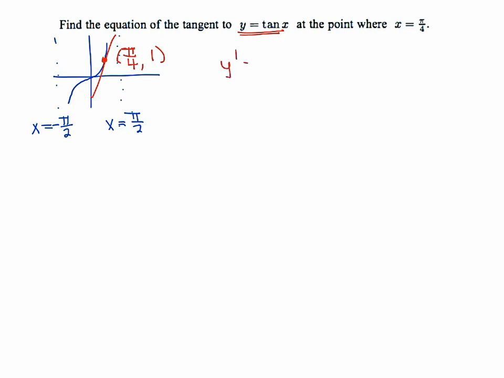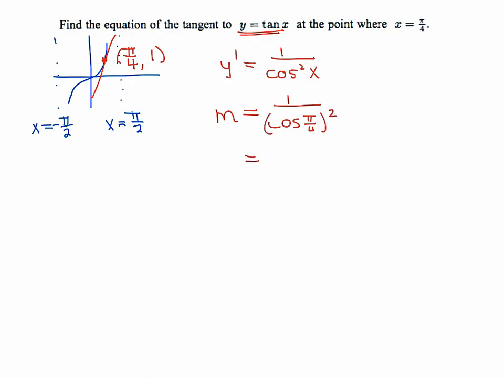So y prime is equal to 1 over cosine squared x. By plugging in pi over 4, because that's the x value, we would find the slope of the tangent line. So slope is 1 over cosine of pi over 4, the whole thing being squared.